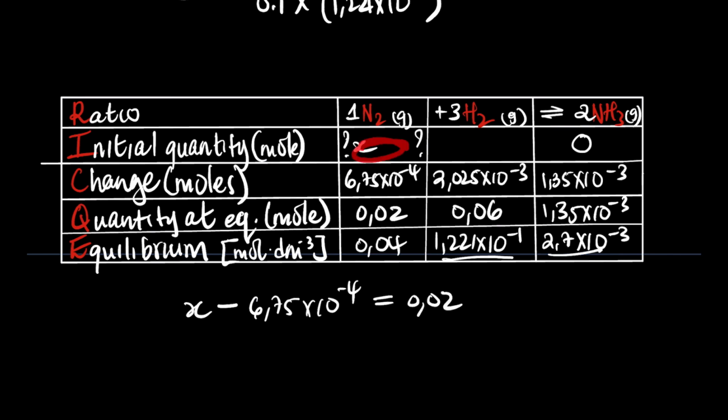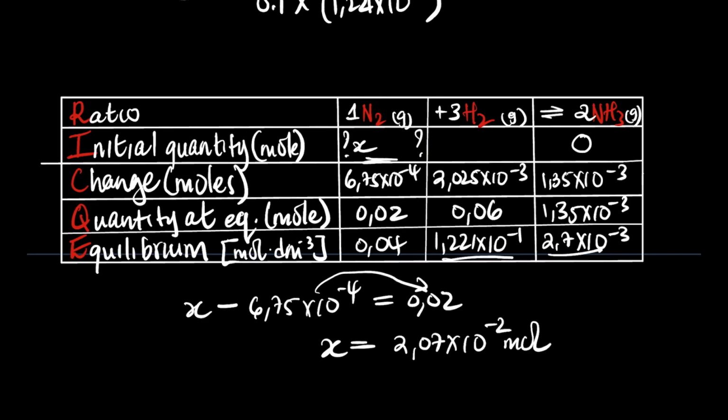Again, this amount minus this is equal to that. So I'll transpose this to this side and add. So my x will be 2.07 times 10 to the power negative 2 mole.